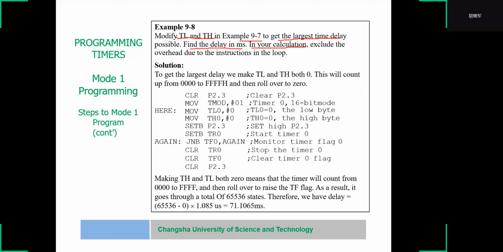If we want to get the largest time, we just give the initial value as zero. So we can use this equation with the initial value as zero and get the largest time delay. This timer counts from 0 to FFFF.